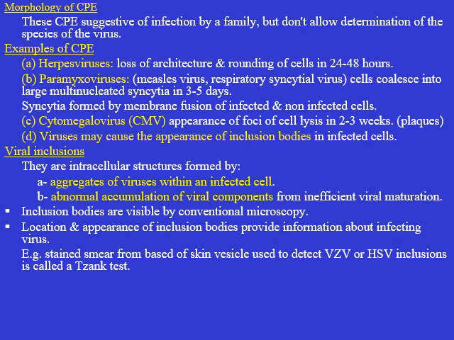B. It could be abnormal accumulation of the viral components from inefficient viral replication. Inclusion bodies are visible by conventional microscopy. Now, the location and the appearance of inclusion bodies provide information about the infecting virus.